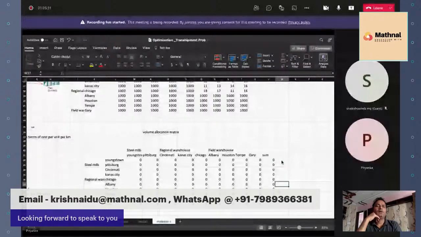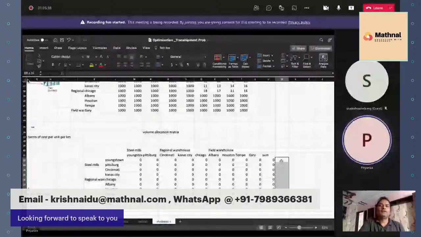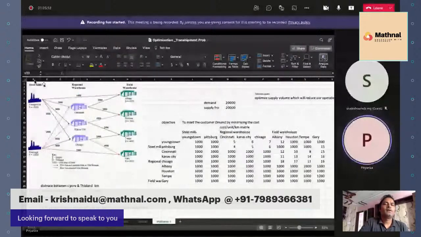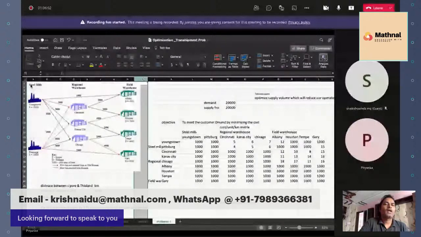Click on the top left corner, next to the A row, the left side of A. There is a diagonal point.